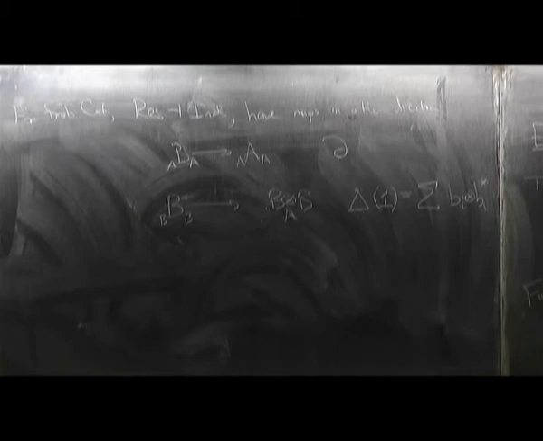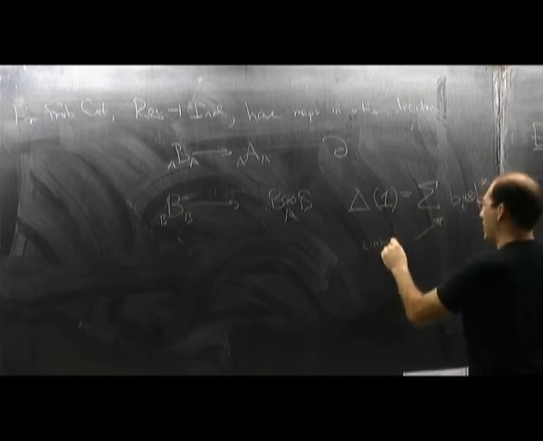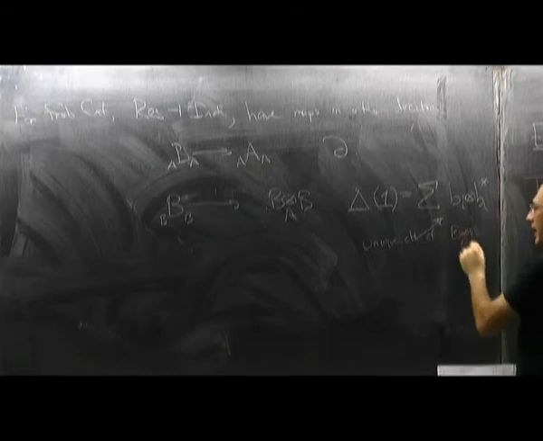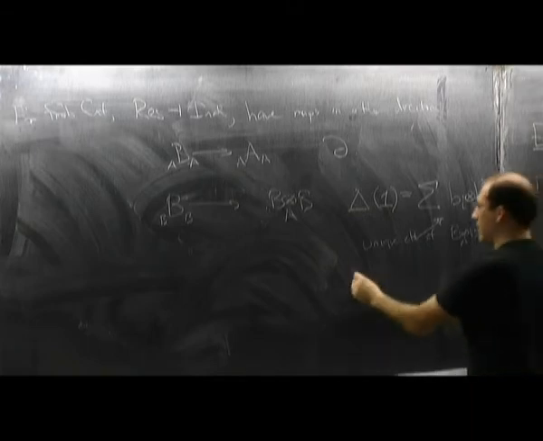So the point is that this guy is the unique element of B tensor over A B for which left multiplication and right multiplication are the same.